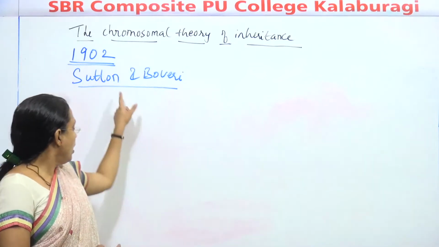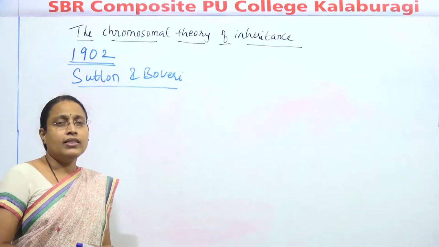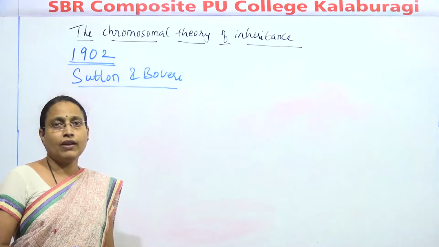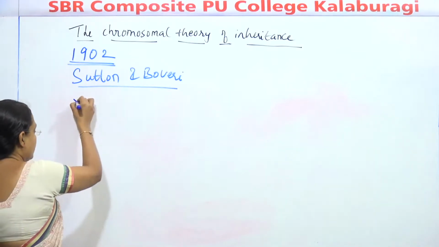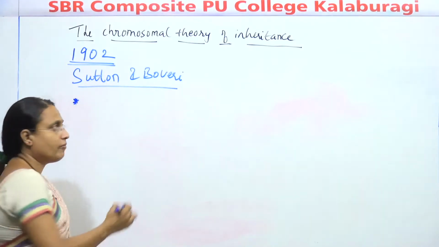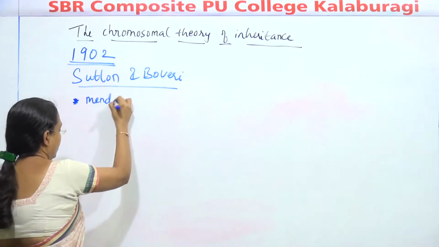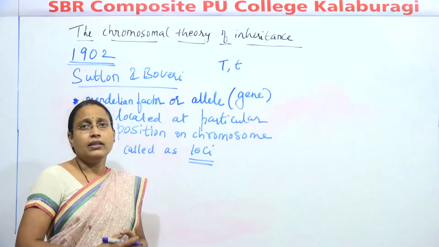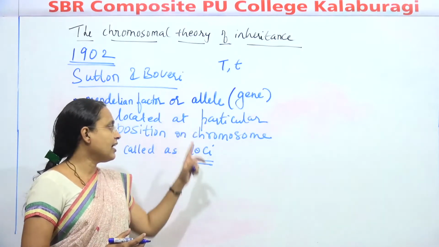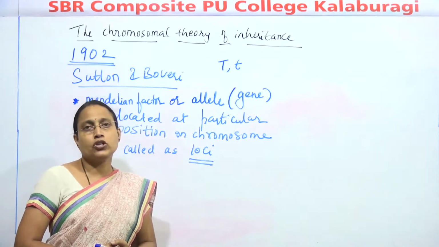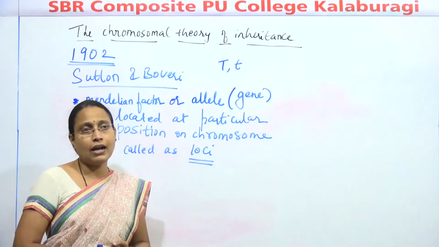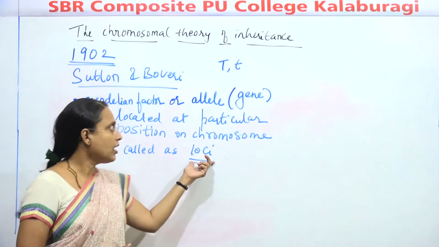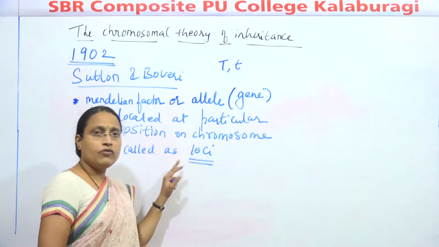Now, Sutton and Boveri, what is the main statement in the chromosomal theory of inheritance? It is that the Mendelian factor, a gene or allele, is located at a specific position on the chromosome, and that location is called the locus of that allele or gene. How were they able to find this?